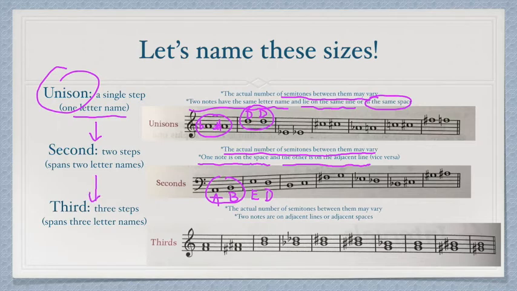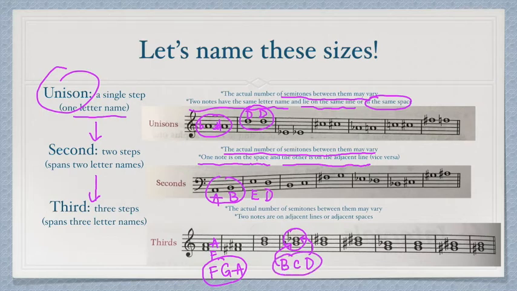A third contains three steps, or we can say that it spans three letter names. For example, from F to A, because F, G, A, it contains three letter names, so this is a third. Take another example. This is B, C, D. This is B and this is D. So it also contains three letter names.